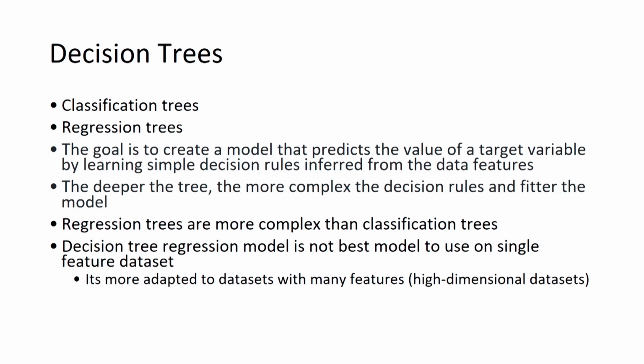Using this tree we will predict the value of the response variable, and the value will be predicted based on the decision rules that are embedded in the decision tree.